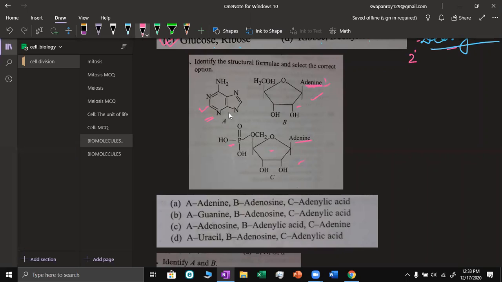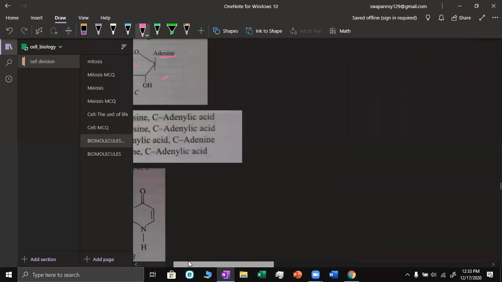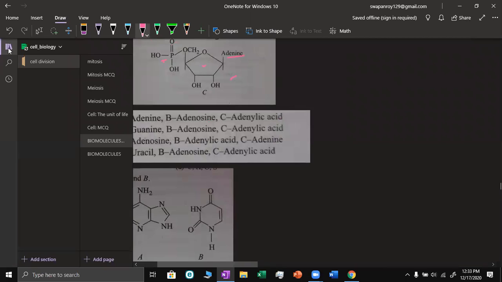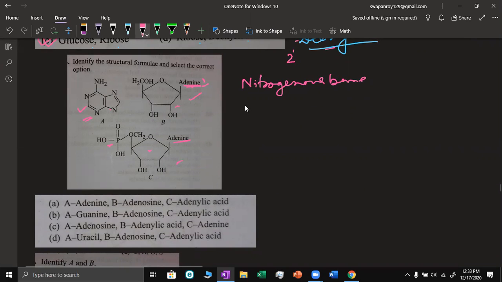The first one is a nitrogenous base, and nitrogenous base plus sugar forms nucleosides.